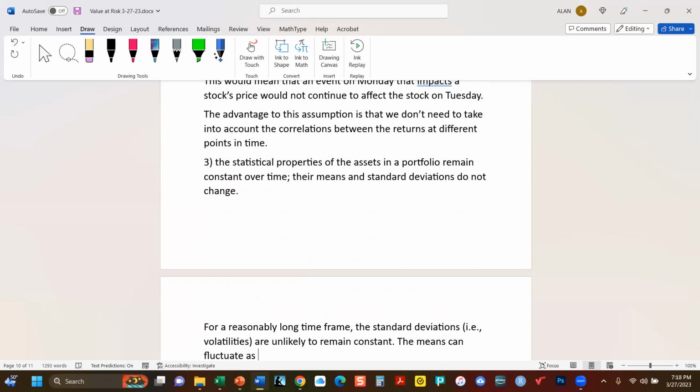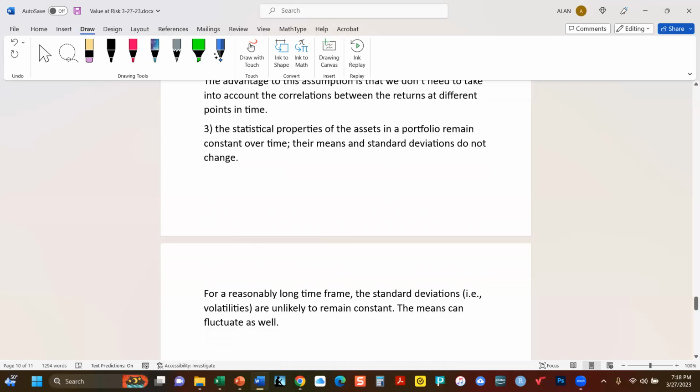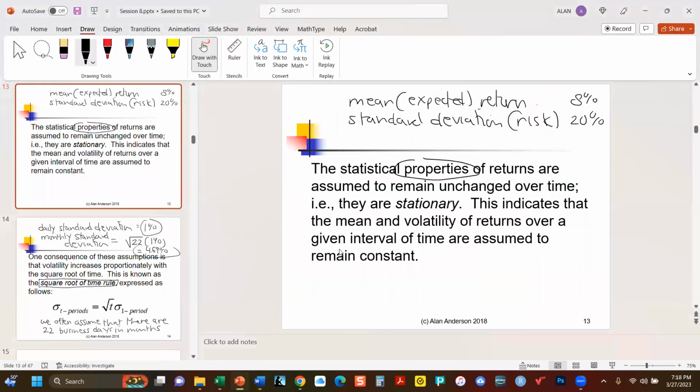But it's the volatilities that are the big problem. So that means if they do change, we're not capturing that with our value at risk model. Especially when times are tough in the markets, volatilities tend to spike up, as we've already seen.